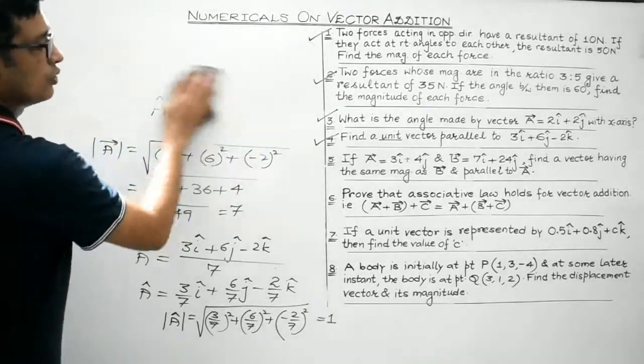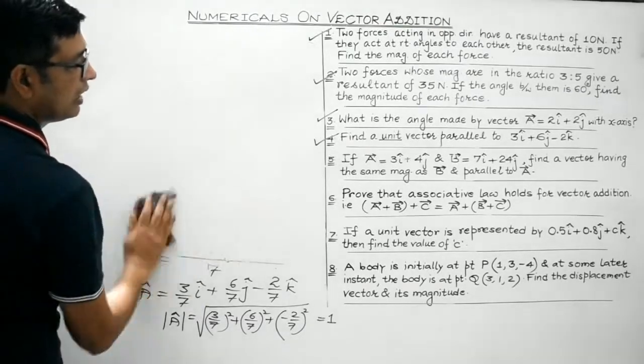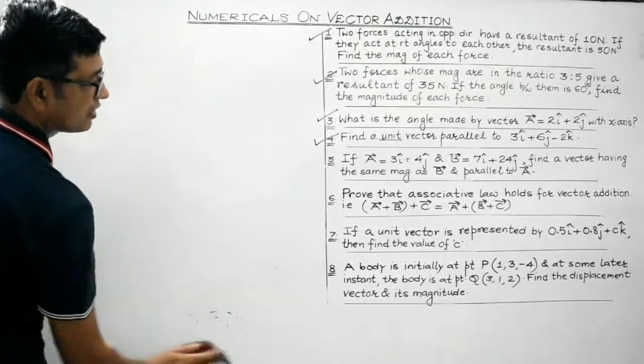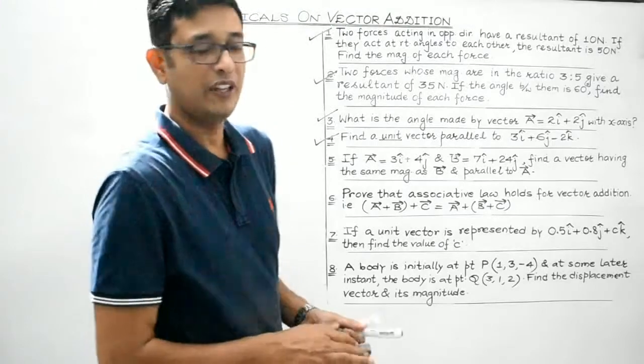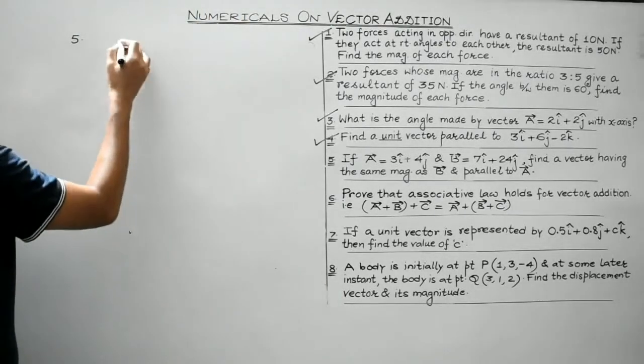Question number 5 is, students, again based on unit vector only. A vector is given and B vector is also given. We are supposed to find a vector having the same magnitude as B vector and parallel to A vector, right? So question number 5, this is quite interesting one.